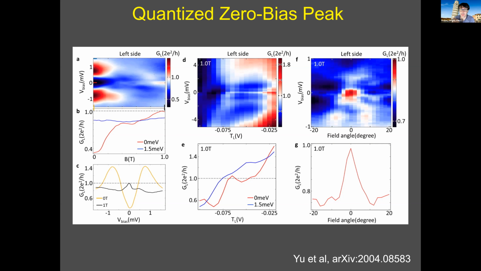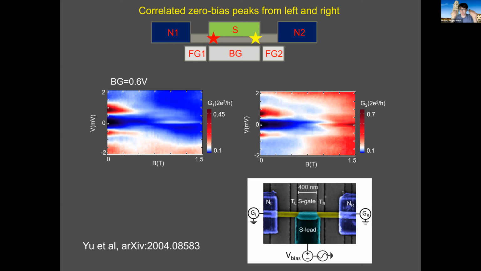So in this case, we have a superconductor in the middle and 2 contacts, left and right normal, normal 1, normal 2, or normal left, normal right. So we can measure 2 currents flowing to the left and to the right, and those are the 2 diagrams, G1 and G2. The bluer one is on the left and the redder one is on the right.